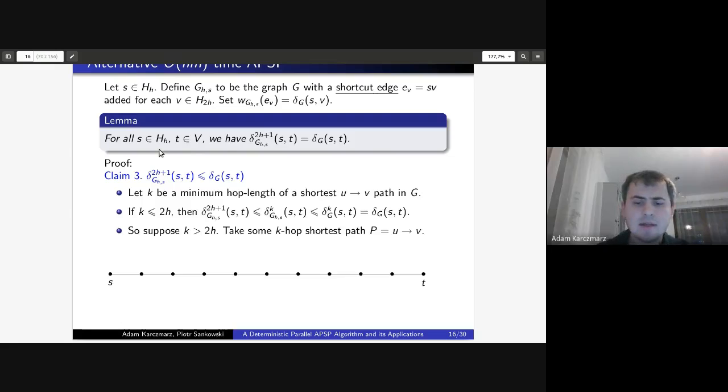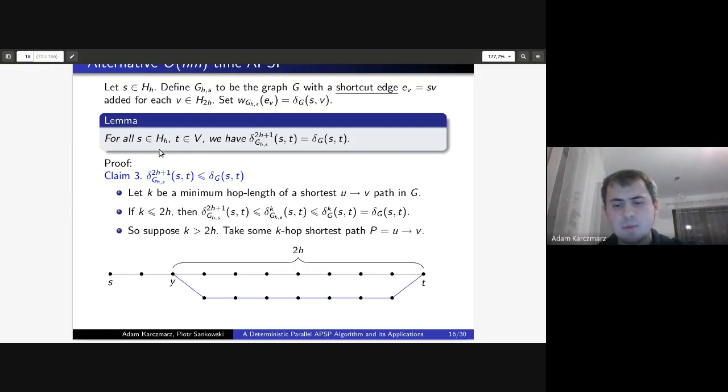Now let us consider its 2H hop suffix Y to T. This suffix is of course a shortest Y to T path. So by the definition of a hub set, there surely exists some blue Y to T 2H hop shortest path that goes through a vertex Z from the 2H hub set.